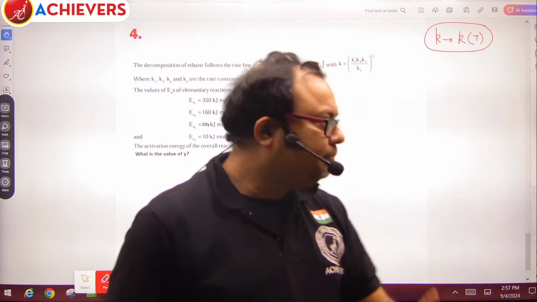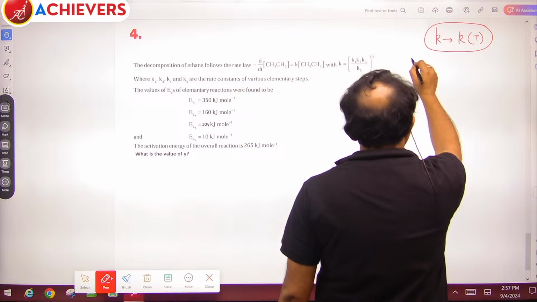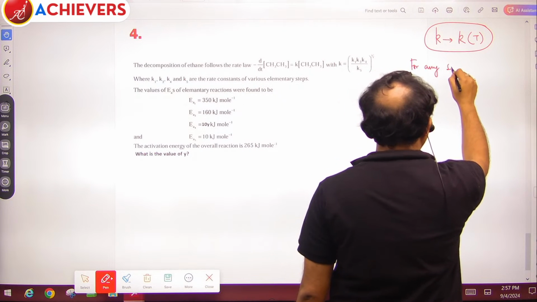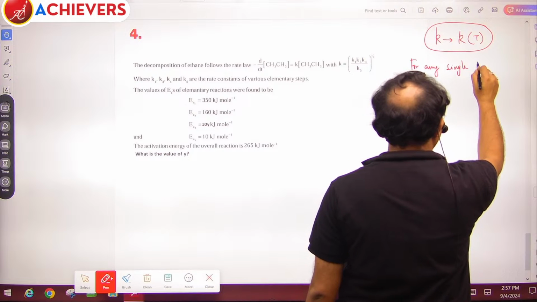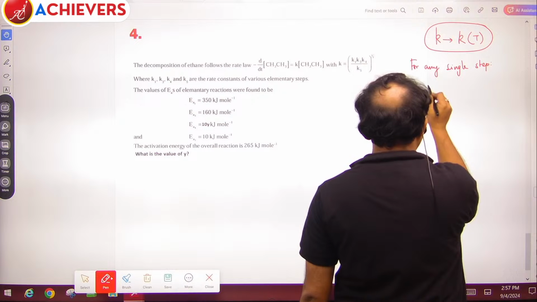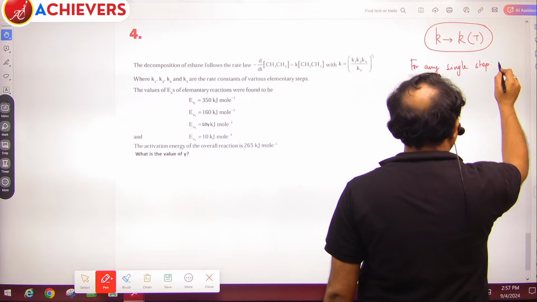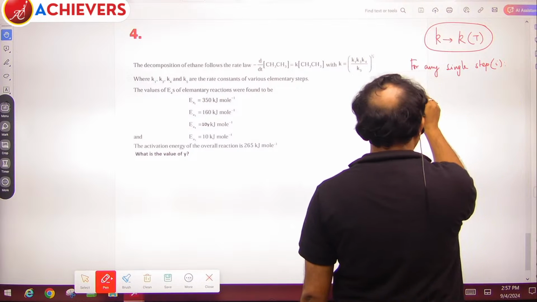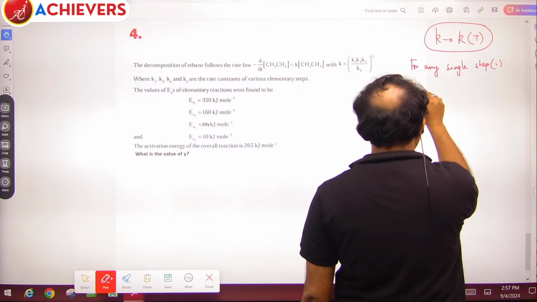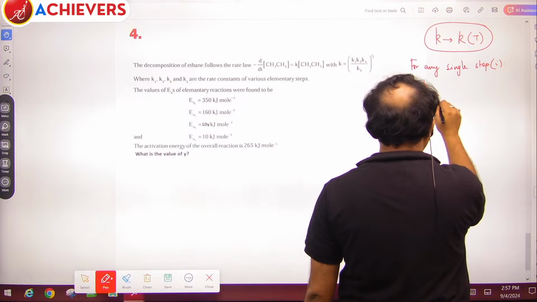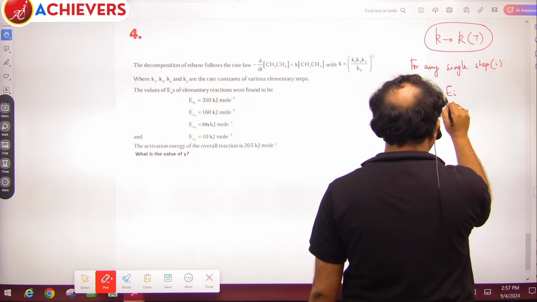You see, for any single step, say the step is i, d ln ki by dT equals Ei by RT square.